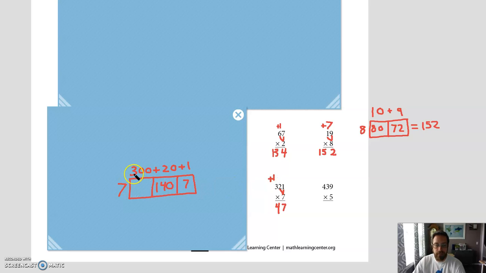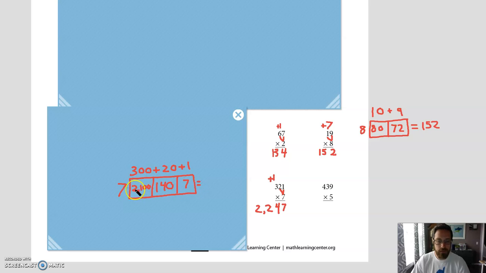Now here, 7 times 3 is 21, but it's 7 times 300, so it's going to be 2100. And then 7 times 3 is 21, plus 1 is 22. And since I have nothing left to multiply, I write the whole 22. So it'd be 2247.